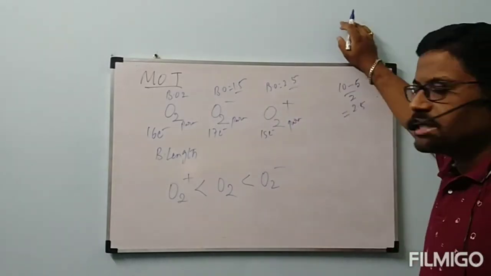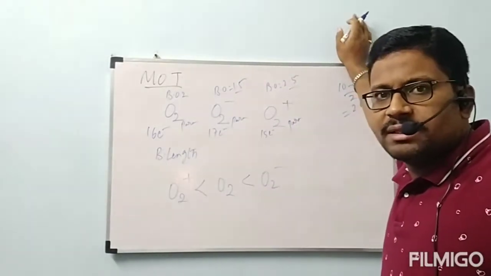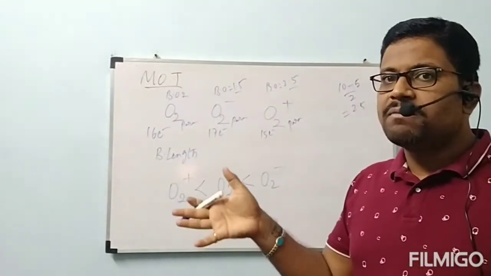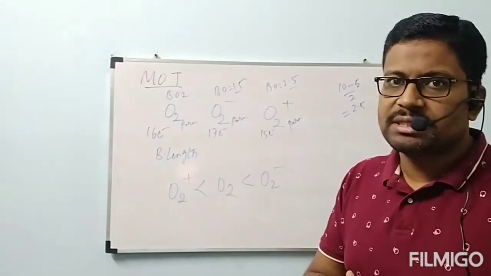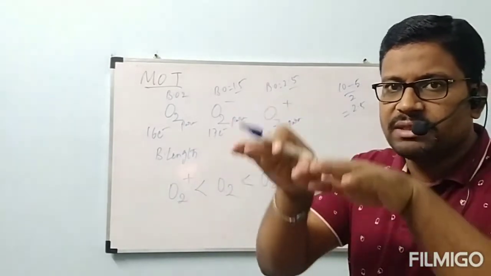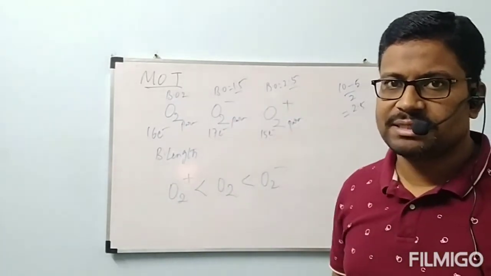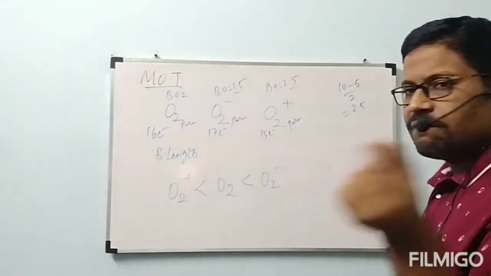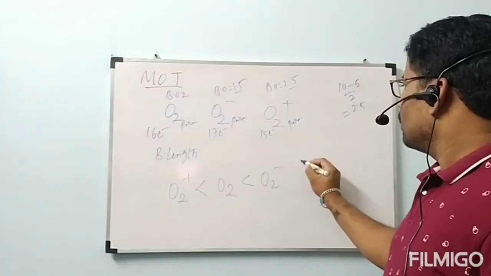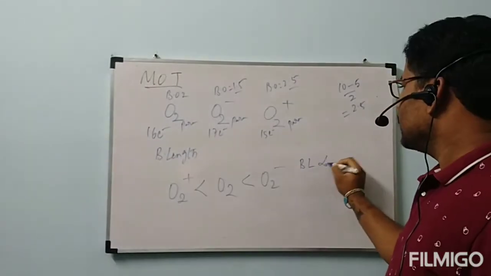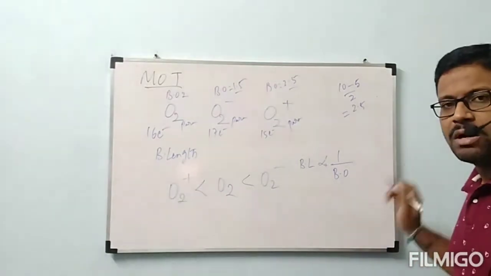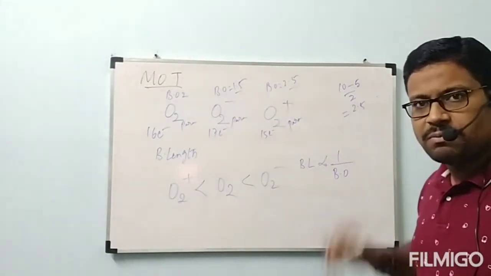When bond order decreases, bond length increases, because when bond order increases, number of bonds present between the atoms increases, they will come closer. Then distance between them decreases, length decreases. Is it clear? This is the order followed. Now, one conclusion for you. Bond length is inversely proportional to bond order.